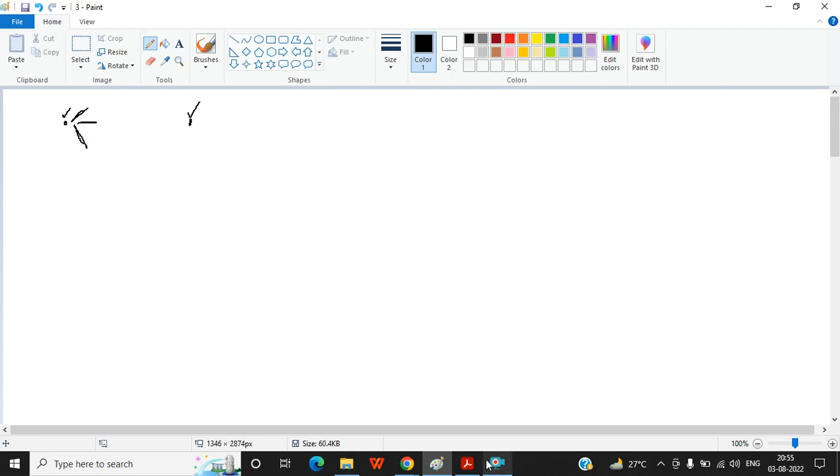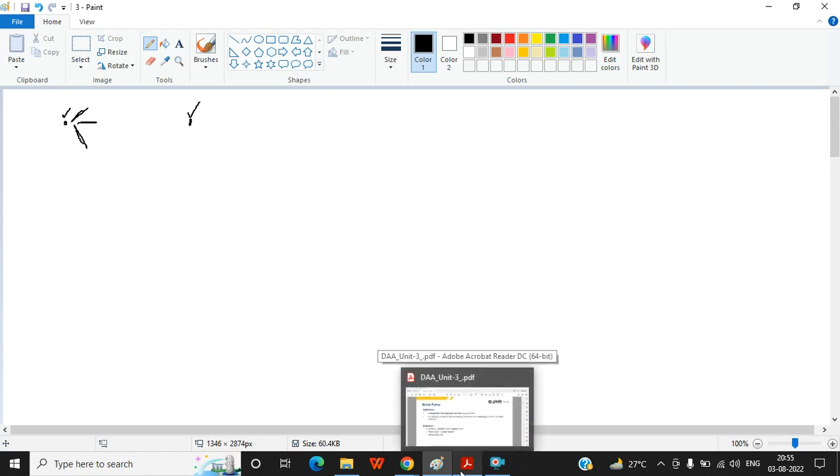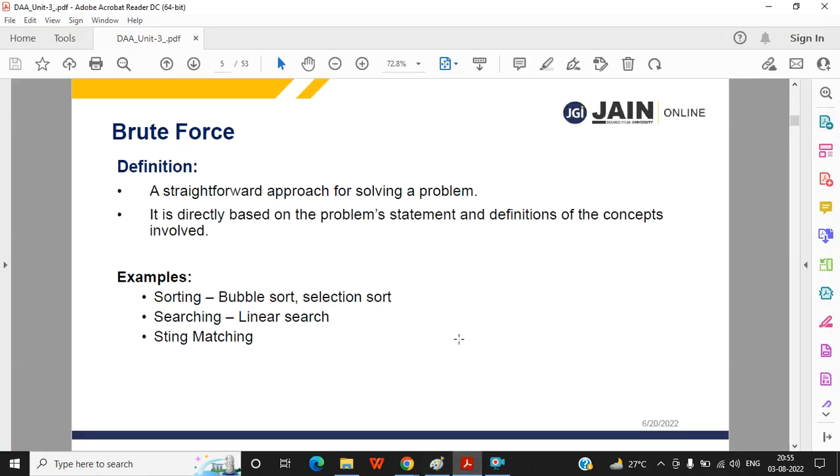In most cases, this technique is not applied because we always want efficiency. We always want an efficient solution, and in most cases this will not give you the most efficient solution, but it will obviously give you one solution.